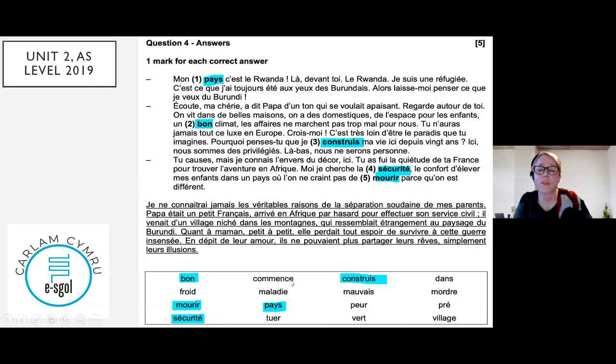We could have had commence, but does that make sense? Both of these are the present tense, which we need to use with depuis. But put it in there and see if it makes sense. Pourquoi penses-tu que je commence ma vie ici depuis 20 ans? Why do you think I have been beginning my life for 20 years? It doesn't make sense, does it? So the construit does fit nicely.